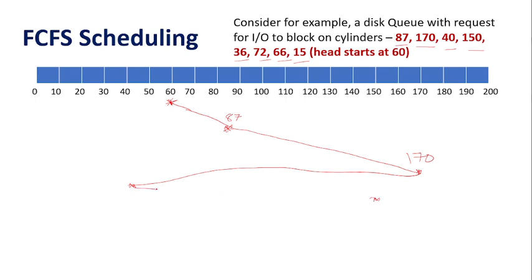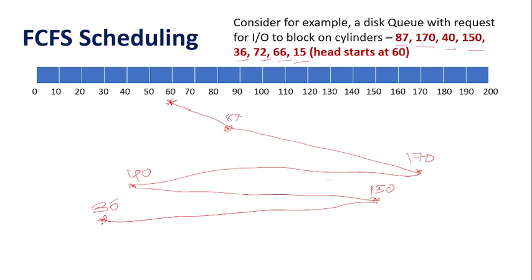Here it is 40 and then 150. So from 60 to 87, 87 to 170, 170 to 40, 40 to 150, and 150 again to 36.